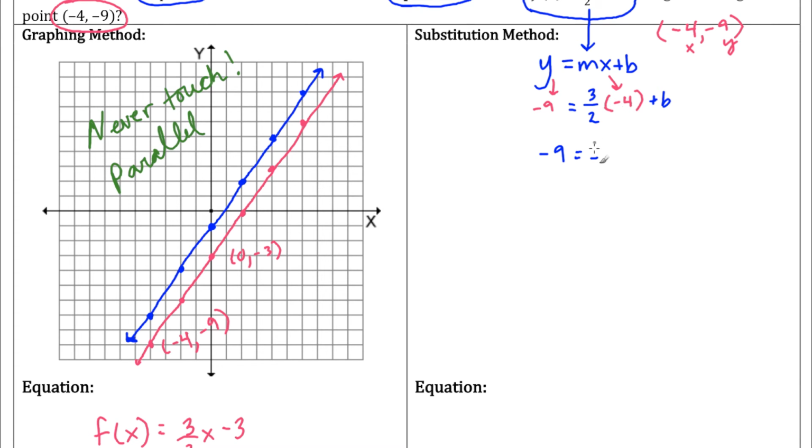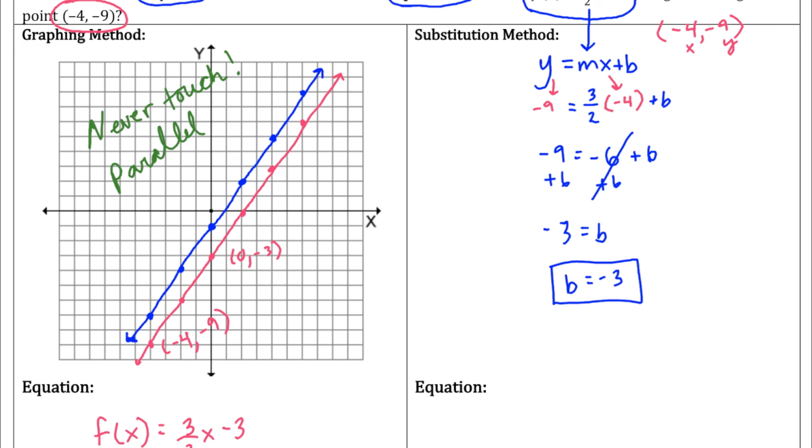So negative times positive is negative. 4 times 3 is 12. Divided by 2 is 6. And then plus b. So I add 6 to both sides. -9 plus 6 is -3 equals b. So b equals -3.